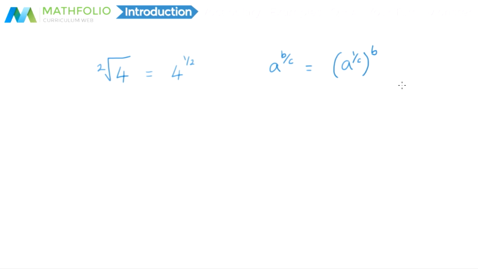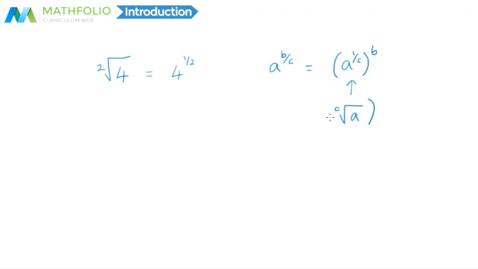Because if we remember our power law of exponents, to go back from this, we would multiply the b by the 1 over c, and we would have a to the b over c. Now, we're able to pull out the b and have that as the overarching exponent. And when we have a fractional exponent like a to the 1 over c, then this inside is really radical a with the index of c.